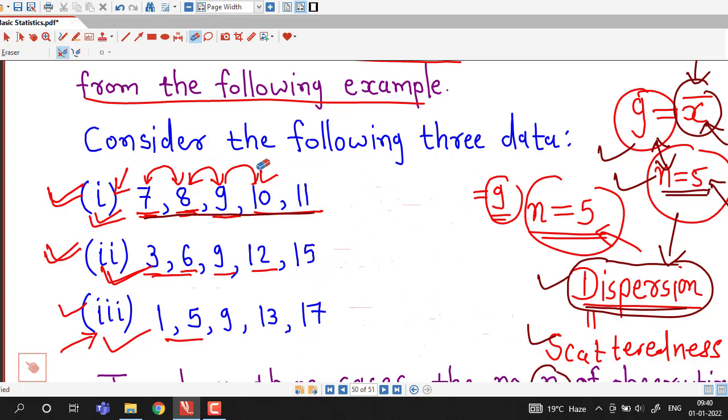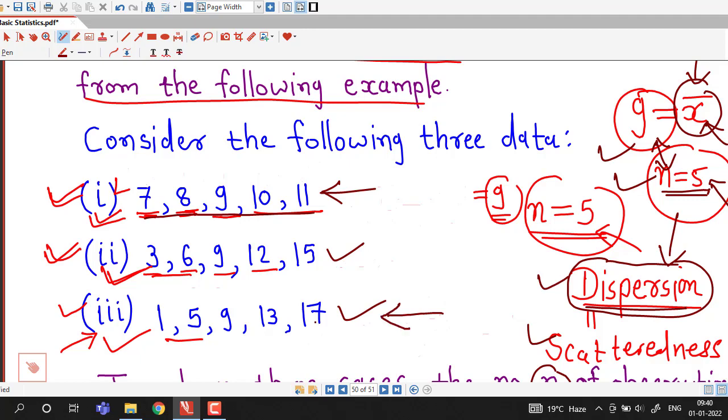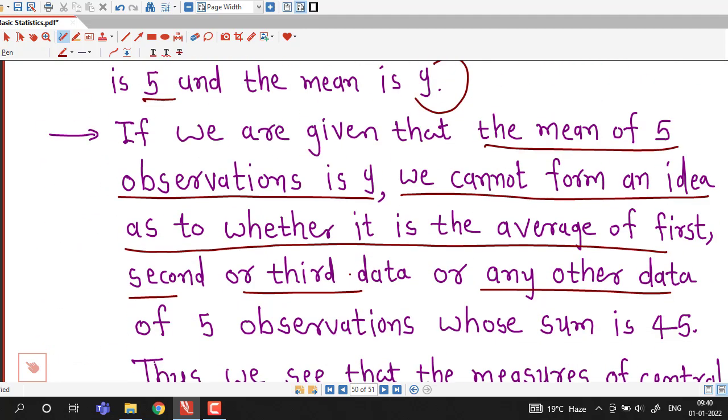Otherwise, the data is heterogeneous. Heterogeneous means the amount of variation is more. So we can say that data 1 is more homogeneous as compared to data 2 and 3, and data 3 is more heterogeneous as compared to data 1 and 2.